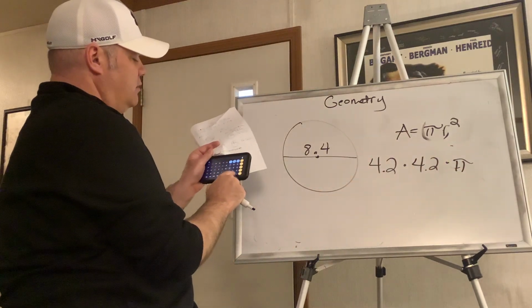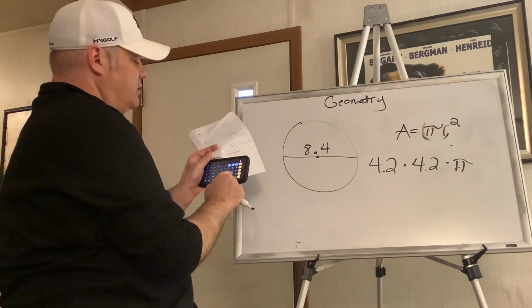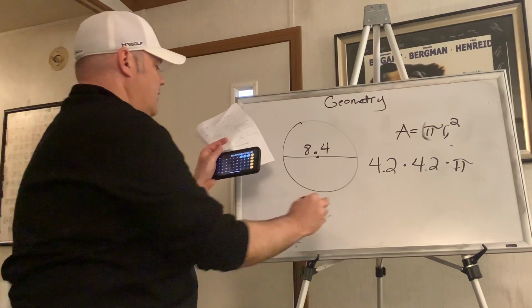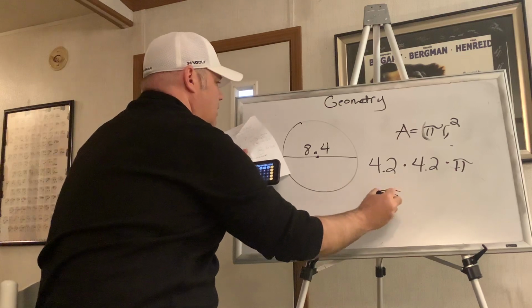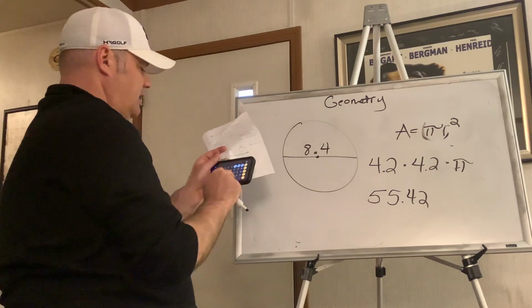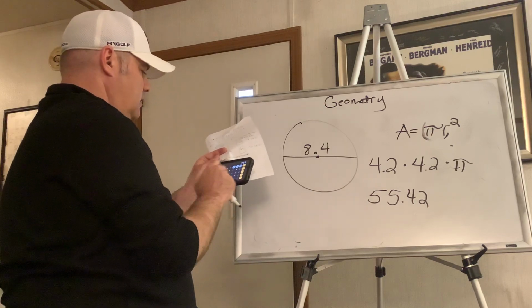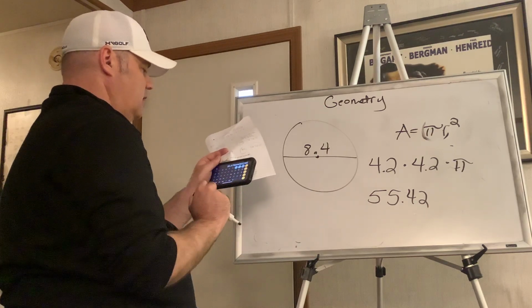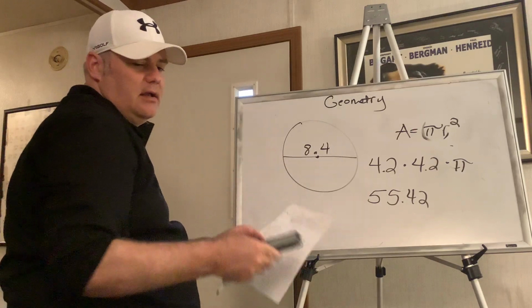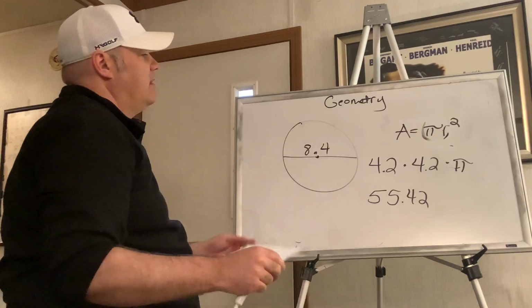So 4.2 times 4.2 times pi, and that is 55.42. Okay, let me check that one again. 4.2 times 4.2 times pi. 55.42. Okay, so that's doing area, and obviously, like I said, that is different.